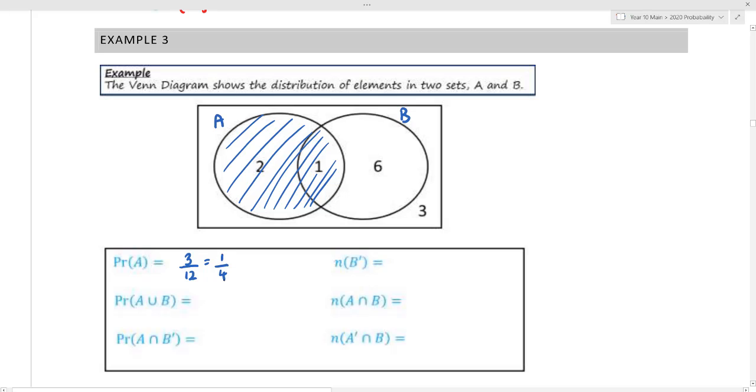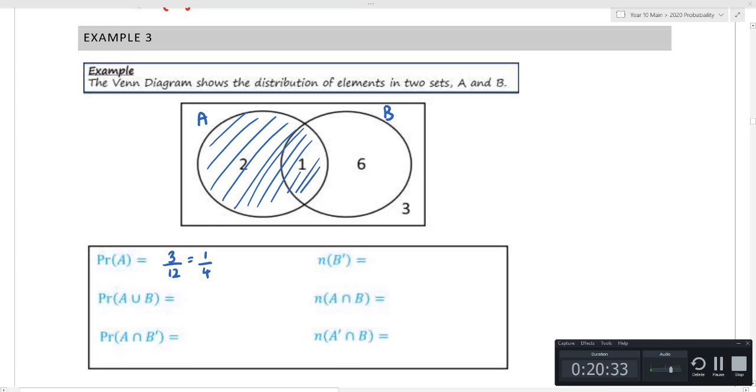The number that's not B. Okay, so the number is not B. Well, all of this big circle on the right is B. So that means that we can't include that big circle, and I'm trying to rub out here, but I'm not having much luck.